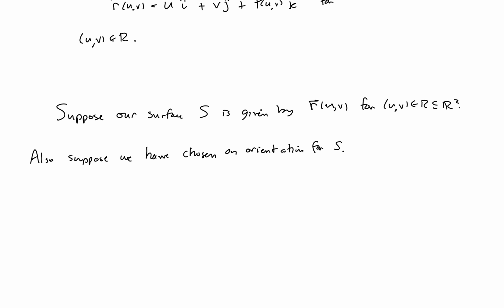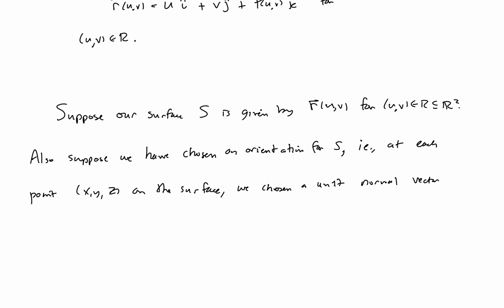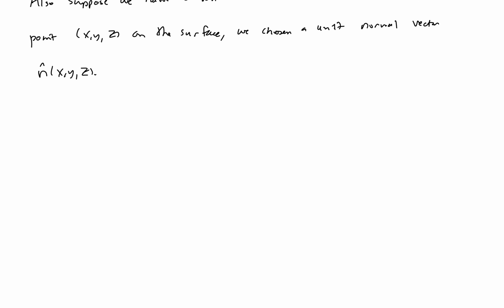So we've decided which way our unit normal vectors are going to be going. So in other words, we have at each point x, y, z on the surface, we've chosen a unit normal vector. Okay, so now let's figure out how we're going to actually calculate this flux.